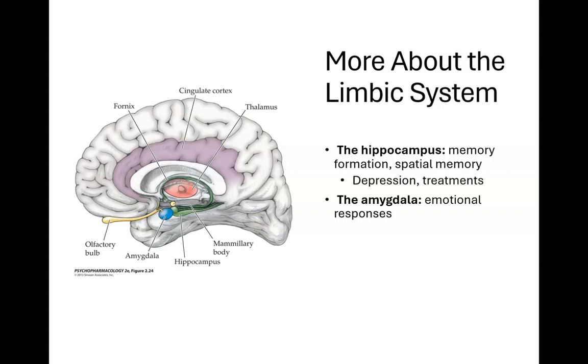And we also know from research that people who are prone to depression have a reduced volume of hippocampal cells. So it can potentially be used as a biological marker for depression, and it is often a subject of treatment for that as well. And then we have the amygdala, which is going to be really critical for those emotional responses. It's very implicated in processing emotional stimuli.